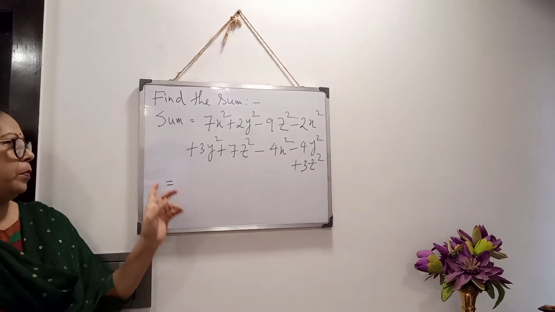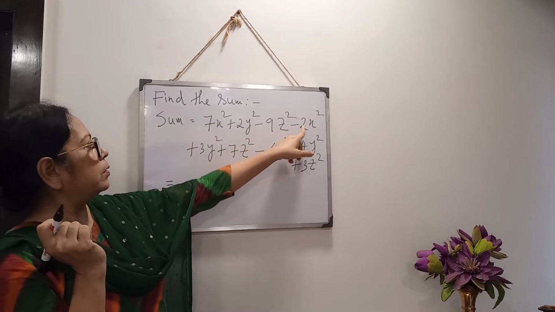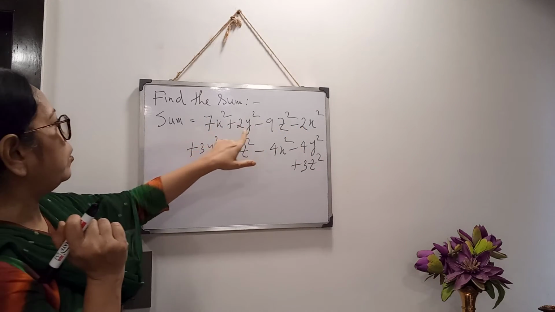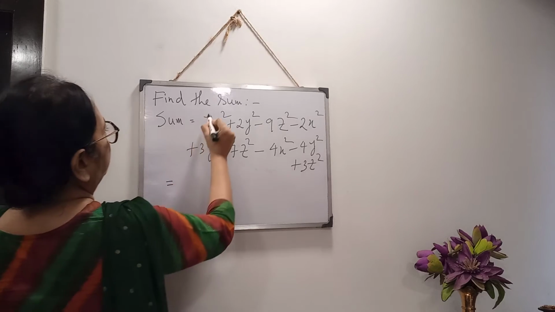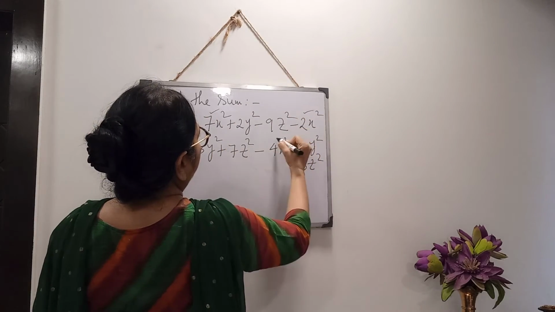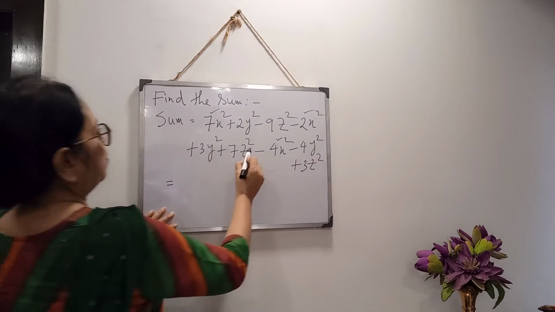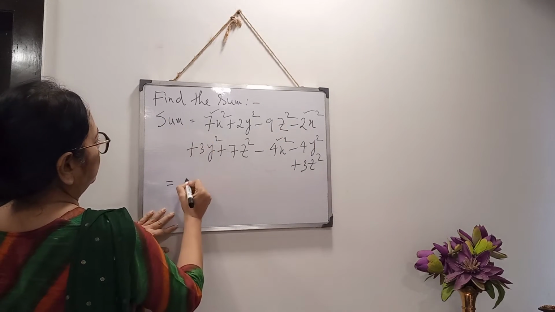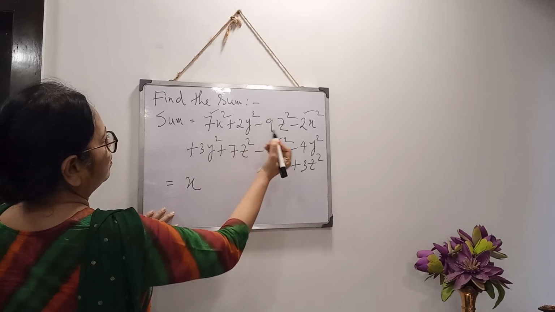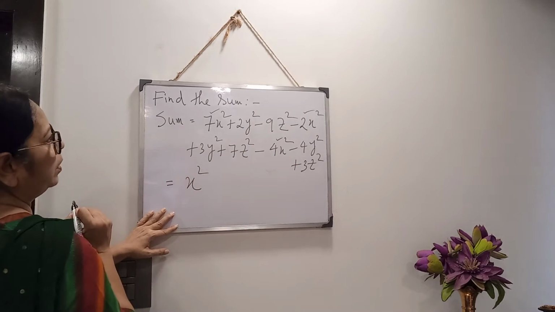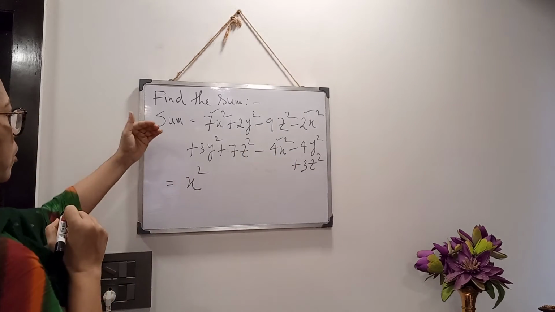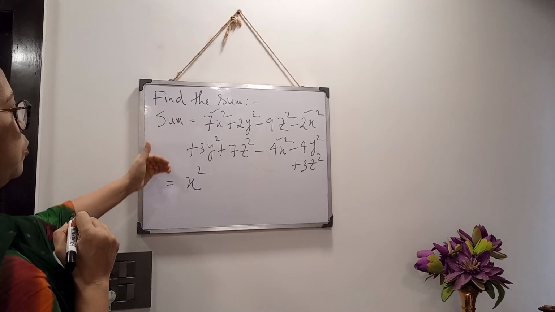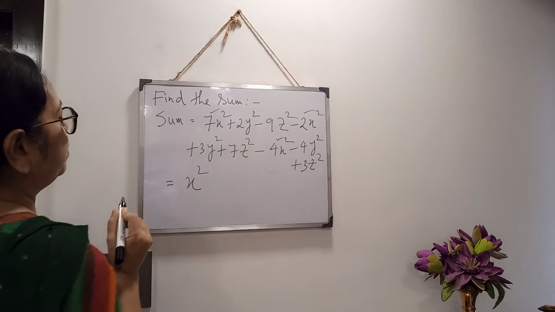Now you do this. How can you do it? These like terms you have to find out. X square, there is, and there is. Minus 4 minus 2 means minus 6 and plus 7. So 7x square minus 6x square means x square. I am not showing the second step. You will do it in your copy.